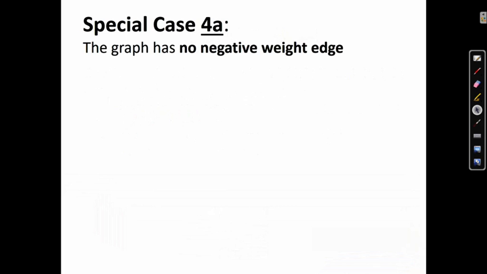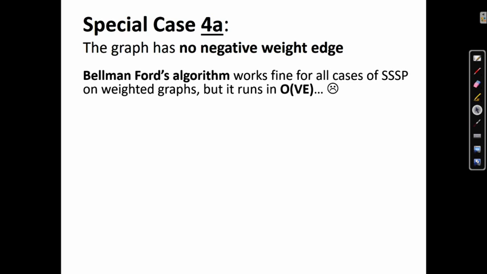Next, special case 4. There are two sub-cases here. 4A, when the graph has no negative weight edges, so you have only non-negative edge weights for your graph. In this case, you can use Bellman-Ford, but Bellman-Ford actually runs quite slowly, right?